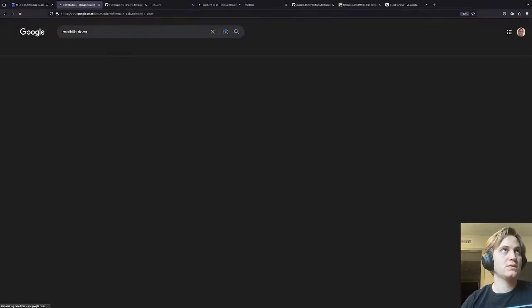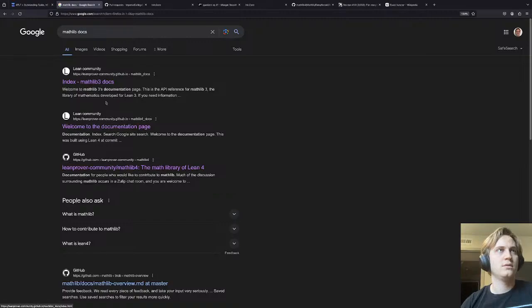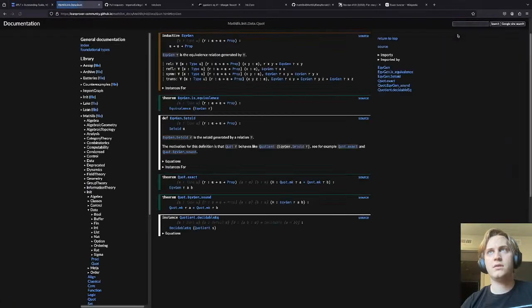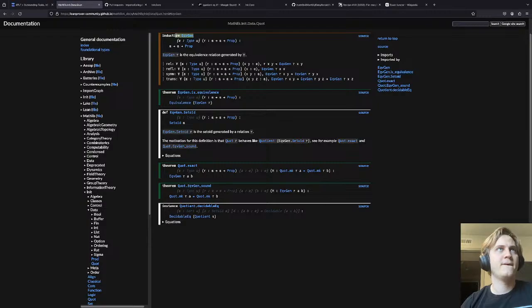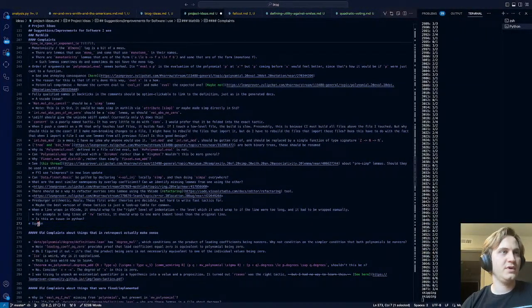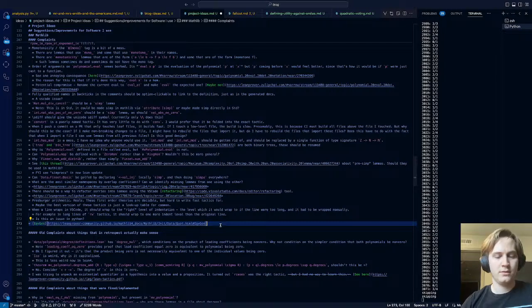Mathlib docs. This one. EQVgen. So this is the link. So EQVgen uses, okay, the relation library needs to be cleaned up.